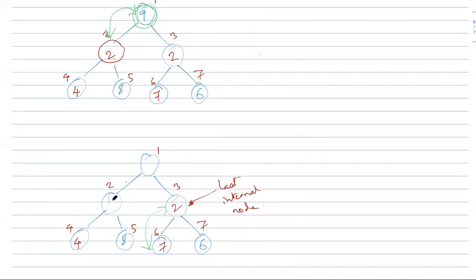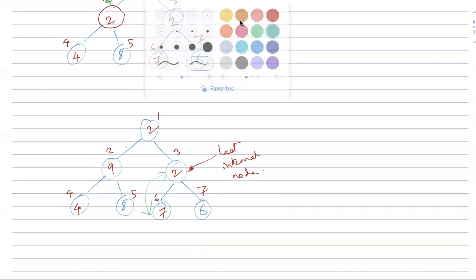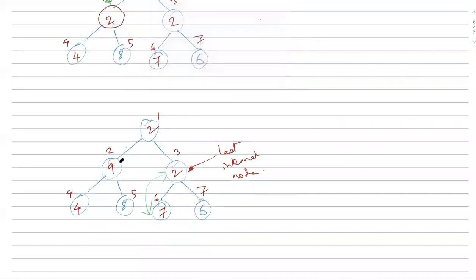So after swapping, this becomes 9 and this becomes 2. So remember, bubble down operation means it has to repeat. So again, 9 has come here. So next, the candidate is between these two children, whichever is the smallest. So 4 is the smallest between 4 and 8. So this is the swapping candidate.